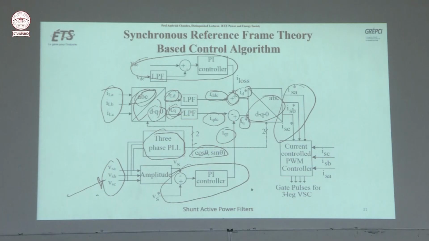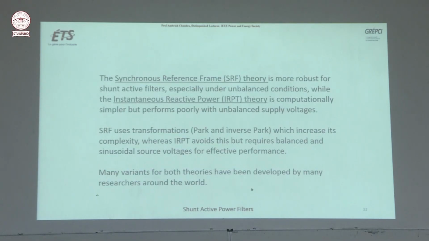That gives better performance. If you compare these two popular approaches, everything is working fine. One student will work on SRF, another will work on instantaneous reactive power theory, PQ theory we call it, and everybody claims that they are working fine.